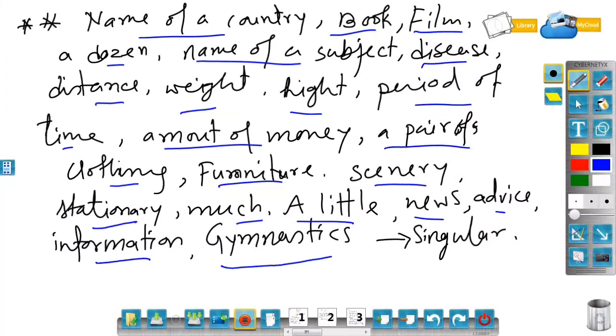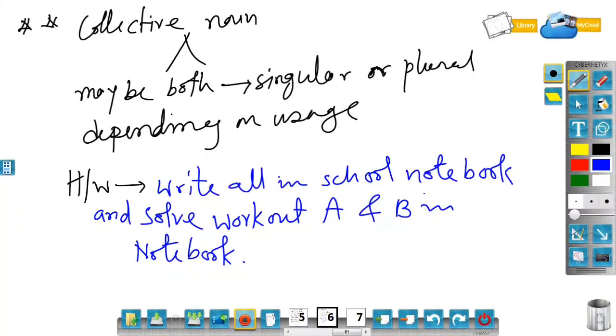These words are always singular. So therefore they take a singular verb. A collective noun may be singular or plural, depending on the usage.